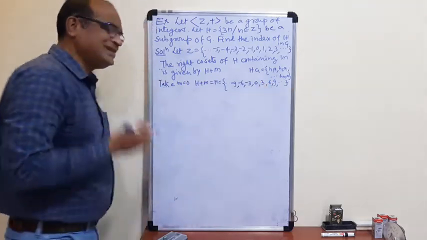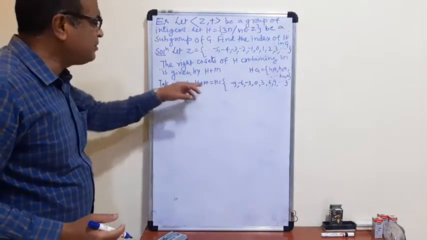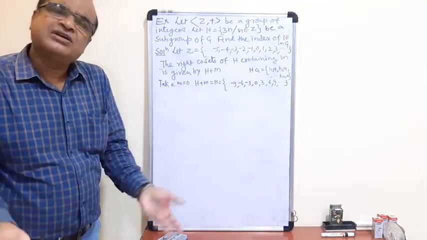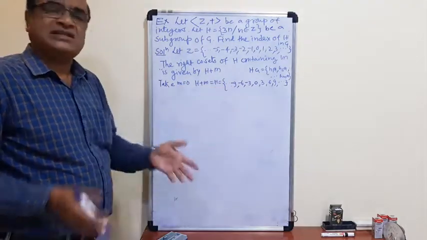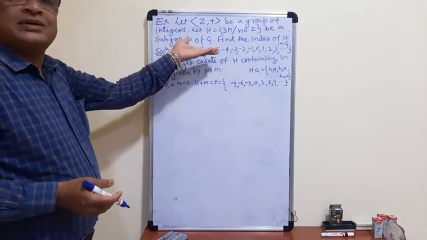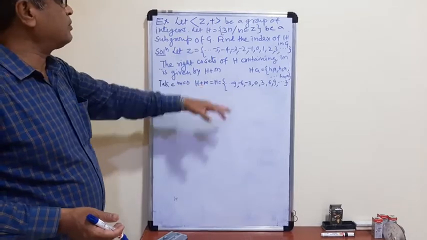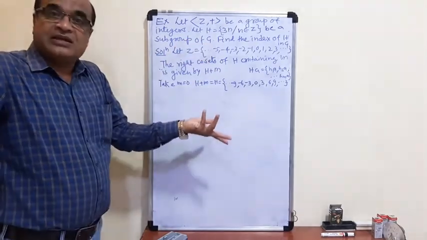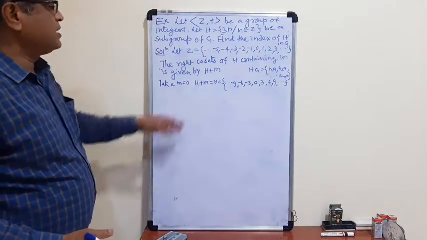So this is H. With M equal to 0, H plus 0 is H again. This is a subgroup of the group Z, where Z is the set of integers. So this is H.